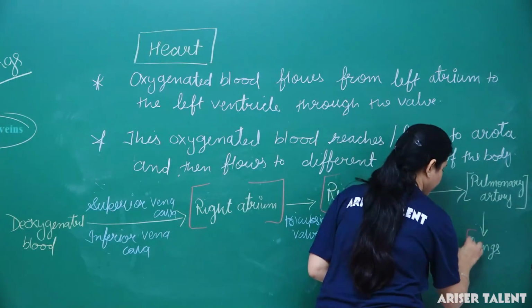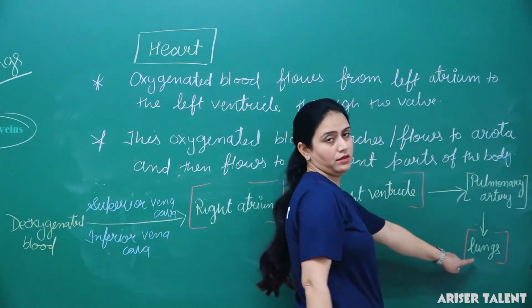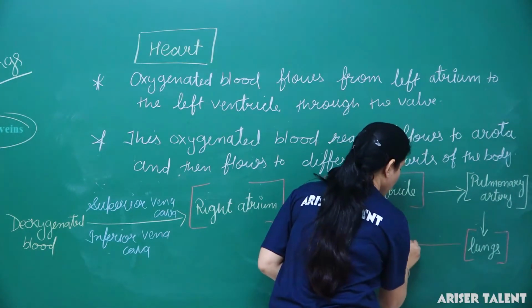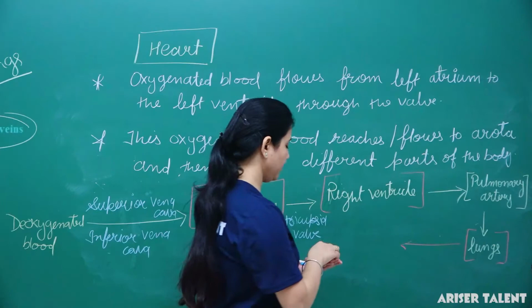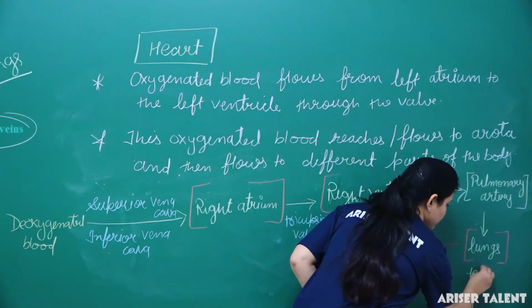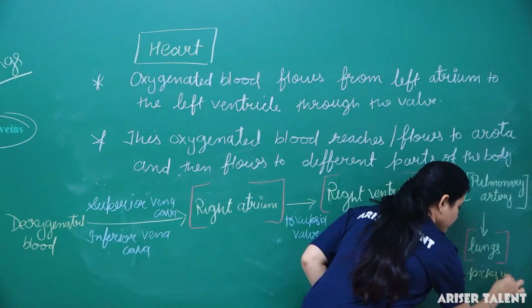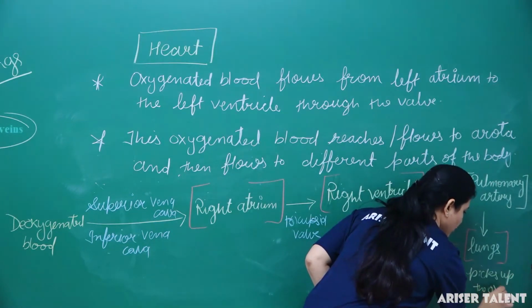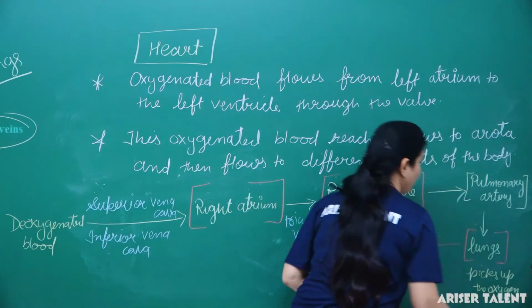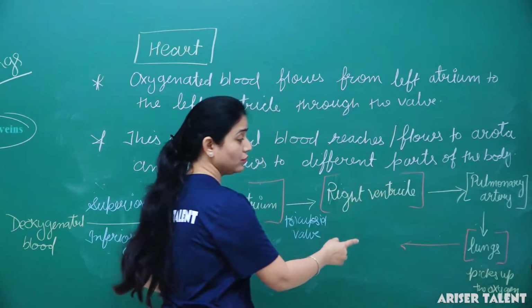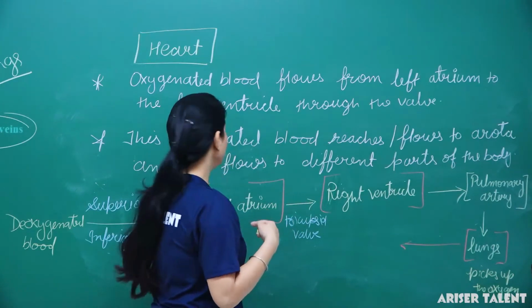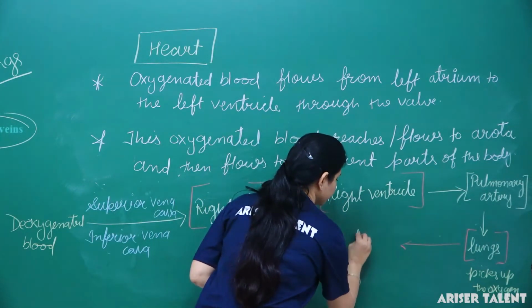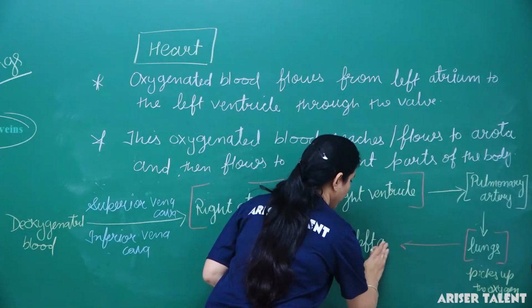Here the blood picks up the oxygen. Now this oxygenated blood moves from the lungs to the left atrium.